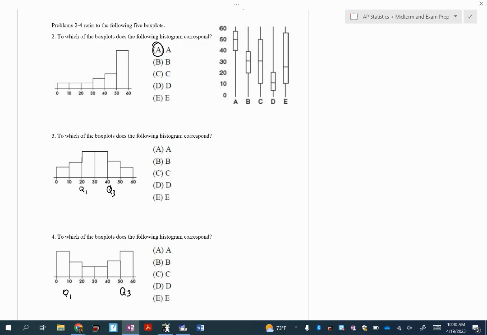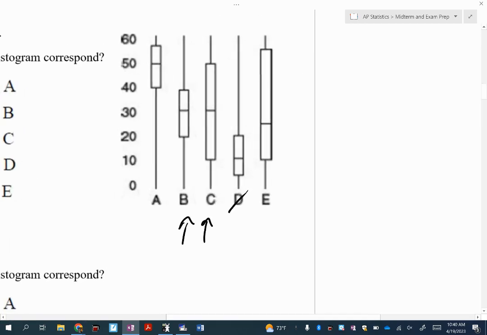So remember, the box is showing you the middle of the data, it might not be in the middle, but the middle of the box is the median, and the edges of the box are the quartiles. So I'm basically looking at B and C. We already ruled out D. Can you look at these two real quick? You see B and C, how the medians are essentially the same at 30. But what do you notice about the length of these boxes?